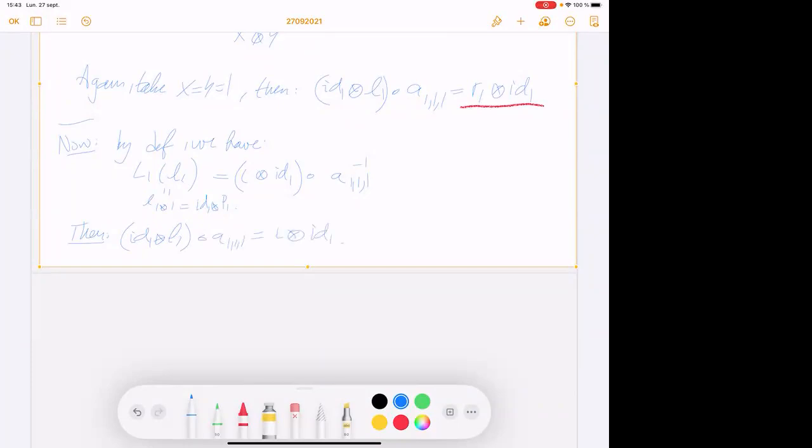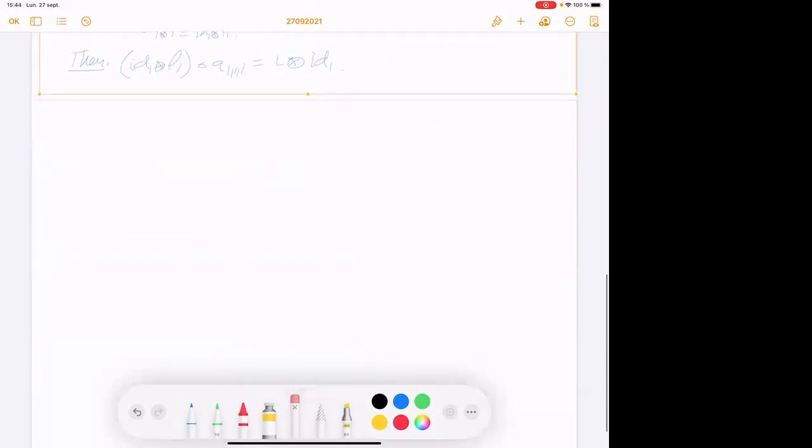You just put this one on the other side because it's invertible. Okay. So it's almost done.